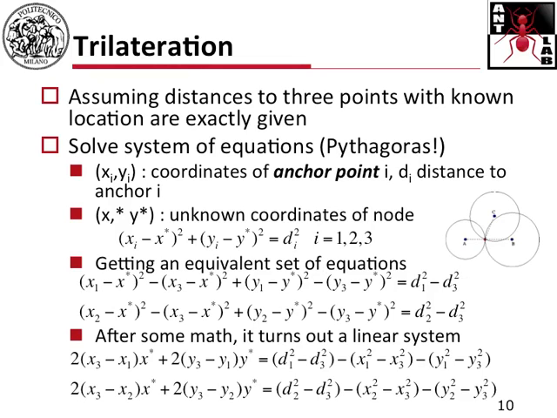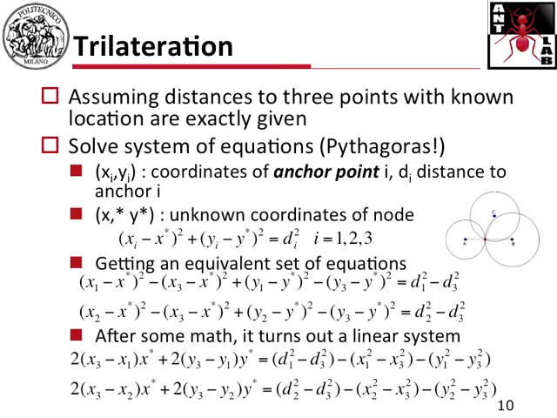So this kind of system looks nasty in the sense that you have squares here, so at first look it's not a linear system. However, under ideal conditions, you can derive from this system, which is 3 equations because it's indexed in i, one for each anchor.